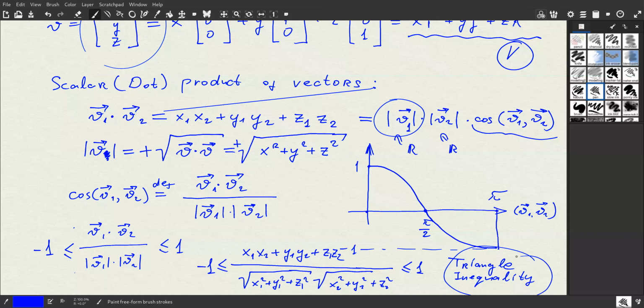It is proved purely algebraically by considering the maximum and minimum of the corresponding quadratic form. But if you like, I can prove it for you.